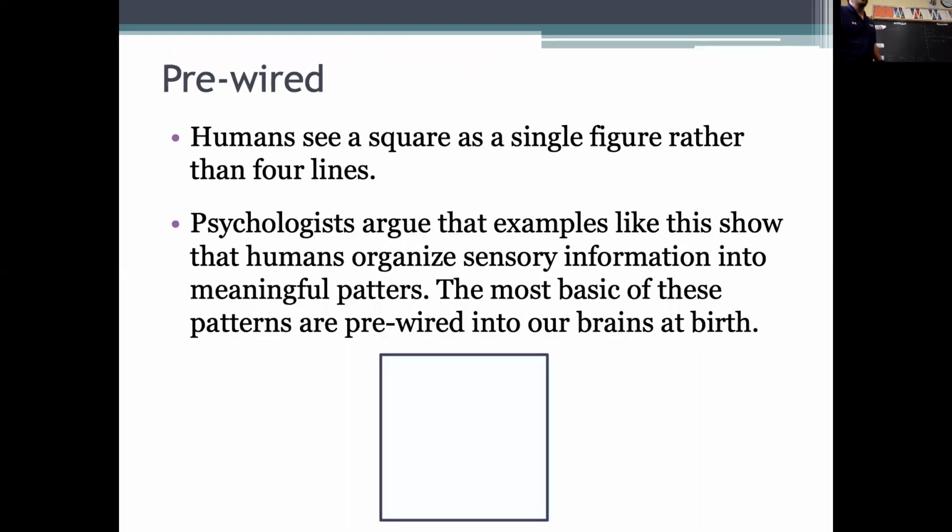Like I was mentioning, prewired, in our society, we know shapes at a very young age: squares, circles, triangles, rectangles, you name it. If you go to another society, maybe in Africa, parts of Asia, or the tribes like where Kenji was from, it would be difficult for him to perceive that as a square. He just doesn't have that in his socialization, his development, his experience. It wasn't something practiced over a long period of time, like in our society.